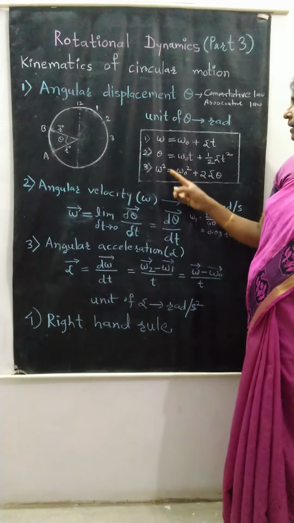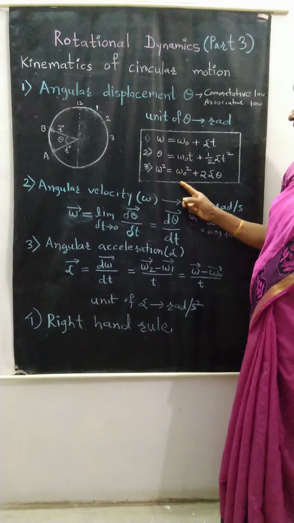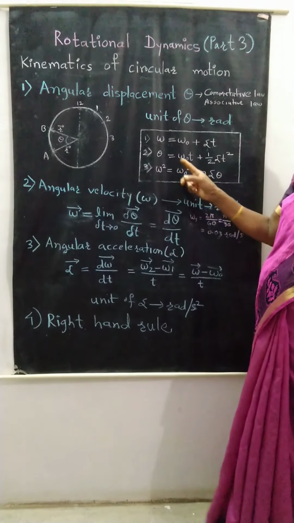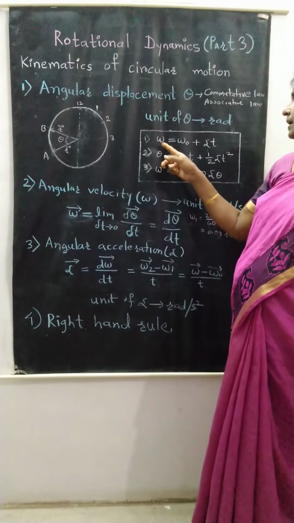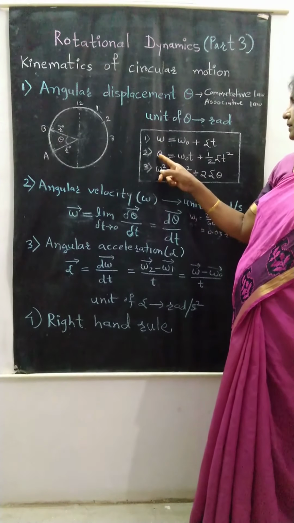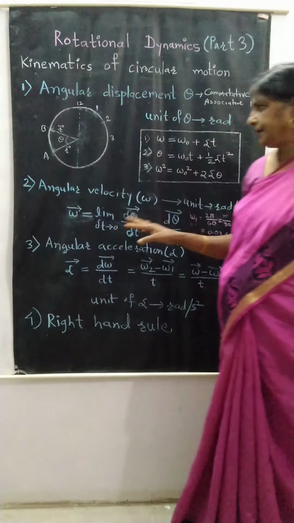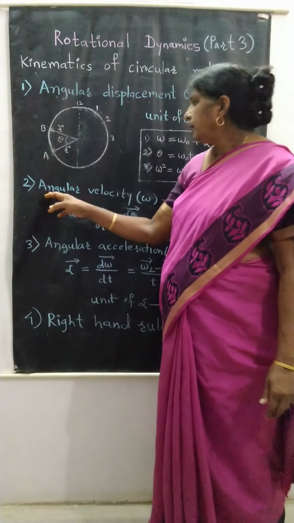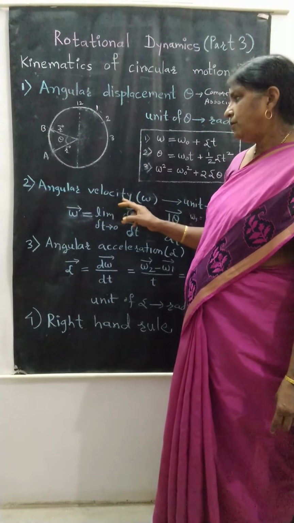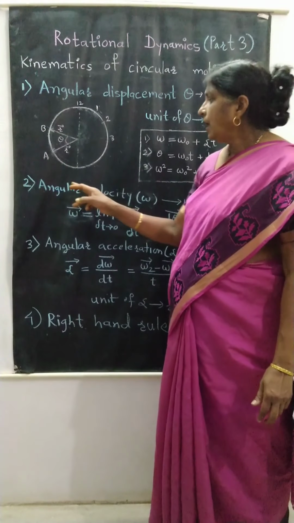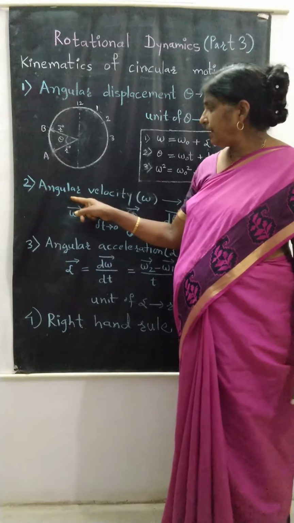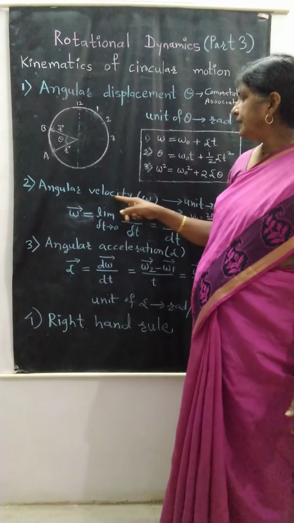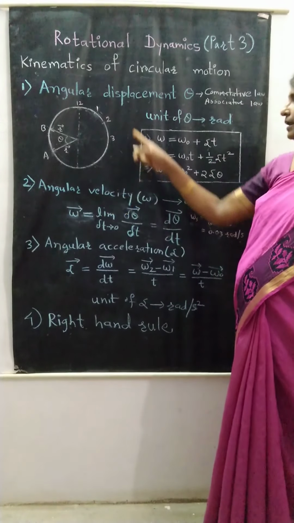Now these are the kinematical equations we use for calculating the different physical quantities such as omega, theta, alpha, etc. Now about the angular velocity. Similar to the linear velocity, angular velocity is the rate of change of angular displacement.